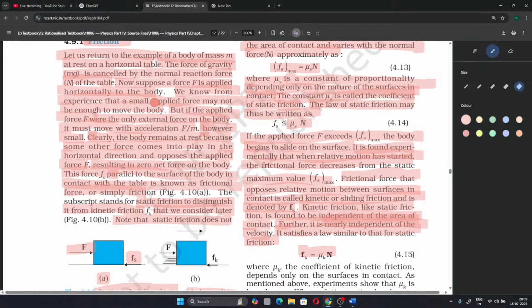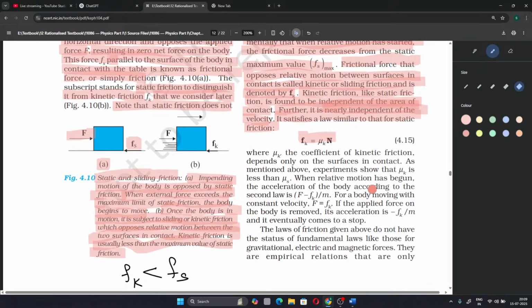It only depends on the nature of the surfaces in contact and the normal force experienced by the body, where mu k, the coefficient of kinetic friction, depends only on the surfaces in contact. As mentioned above, experiments show that mu k is less than mu s when relative motion has begun.